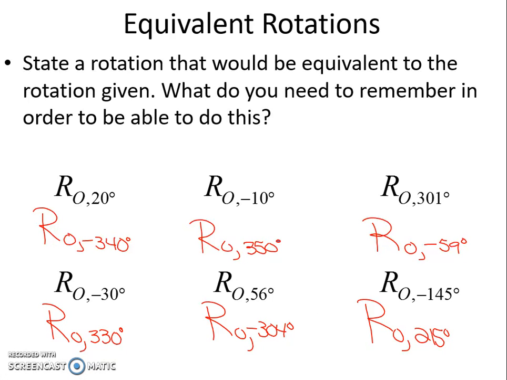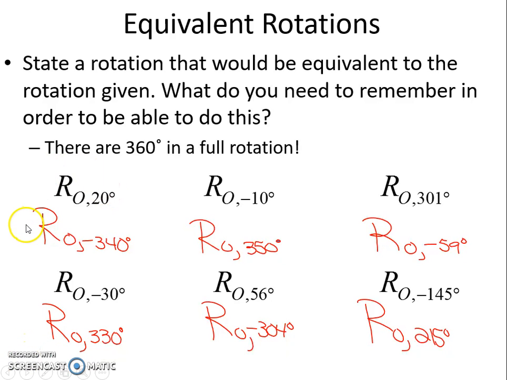Equivalent rotations. State a rotation that will be equivalent to the rotation given. There are 360 degrees in a full rotation, right? So what you need to do is, you have a rotation at origin of 20 degrees.